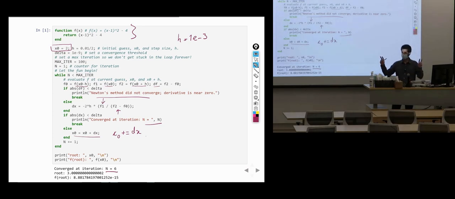Now, there are 2 ideas for basically efficiency of your algorithm. If you're a computer scientist, you might want to time it. Say, my algorithm scales like this, and it takes less time. If you're a mathematician, you might want to count the number of iterations. For a mathematician, this is much faster, even though at every iteration, you might do more calculations, right?